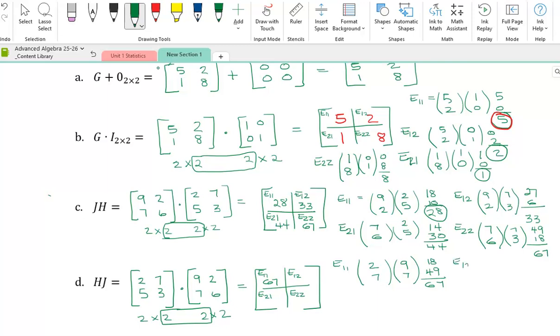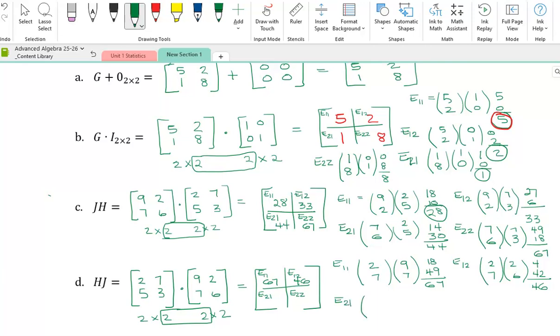All right, E12. Row 1 is still 2, 7, column 2 is 2, 6. So we have 2 times 2 is 4, and 7 times 6 is 42. Add these up, we have 46. So this is 46. Okay, let's try E21.